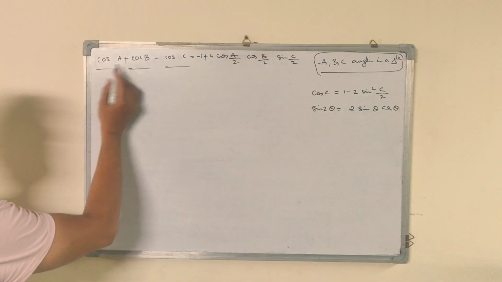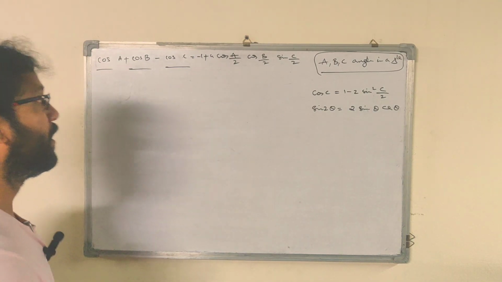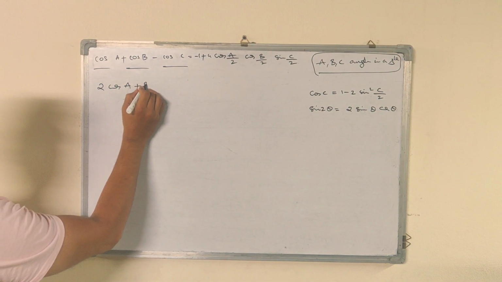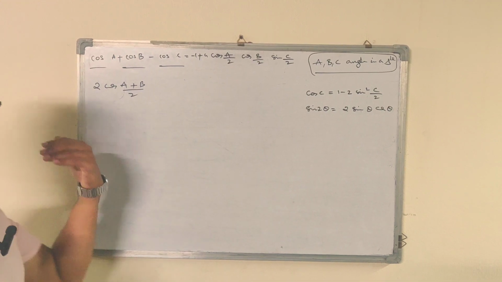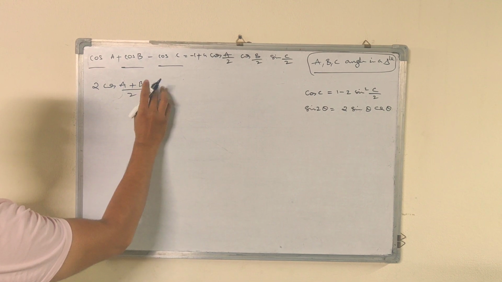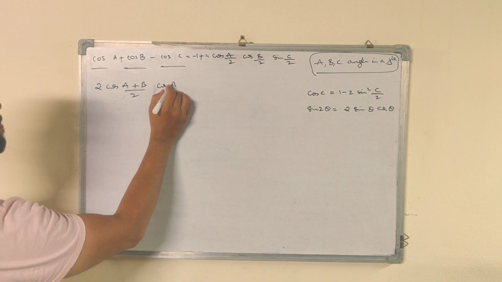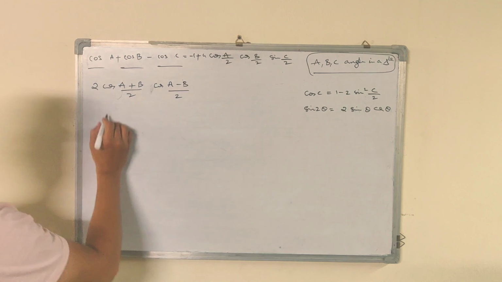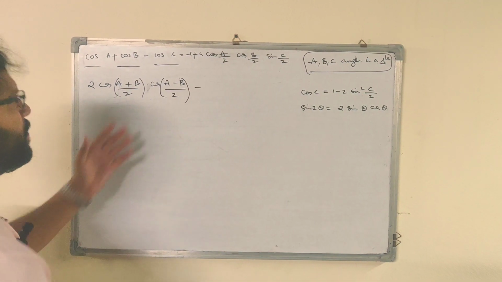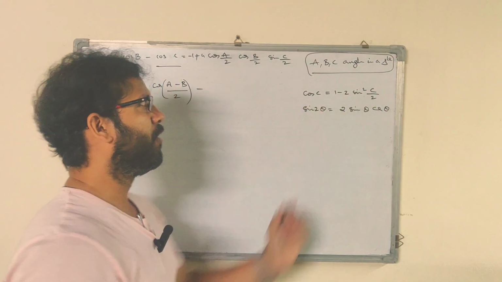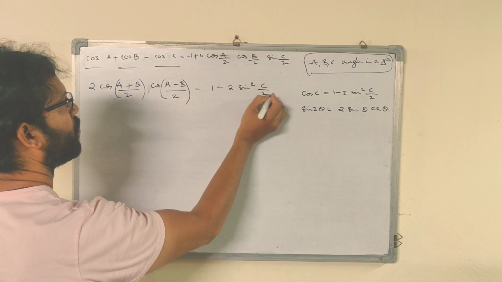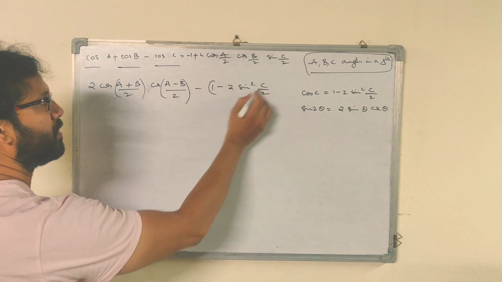Like we have cos C plus cos D, we have the formula 2 cos (C plus D)/2 cos (C minus D)/2, where C is A and D is B here. And for the third term, you should write cos C formula: 1 minus 2 sin square C/2. Never forget to use brackets here.